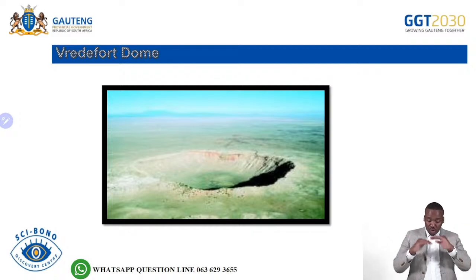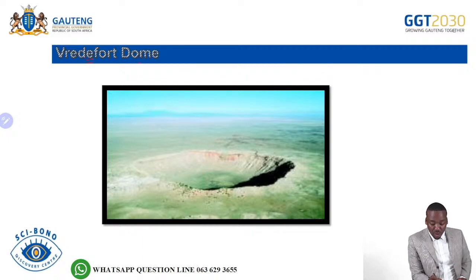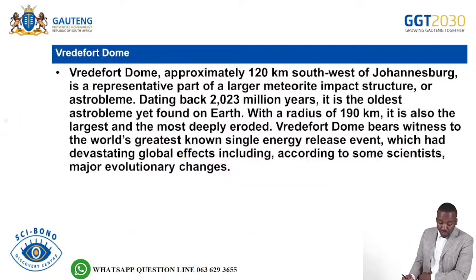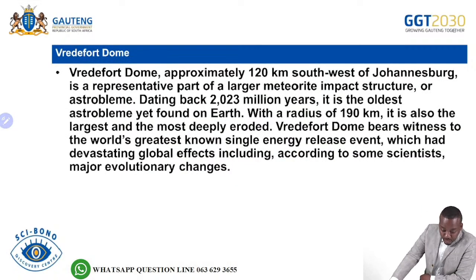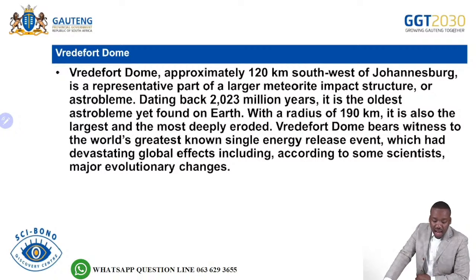And then some of the rocks became domes. Hence they are saying Vredefort Dome. This place is well known for people who are doing geology and so on. Listen to some history. Vredefort Dome is located approximately 120 kilometers southwest of Johannesburg.